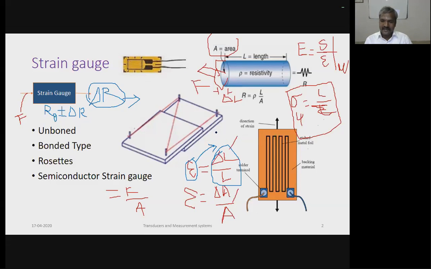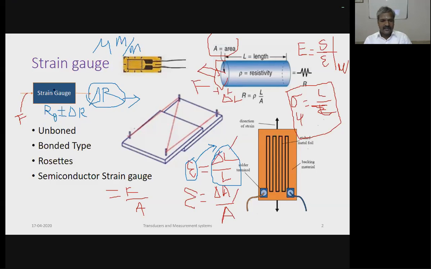The unit representation for strain is microstrain or micrometer per meter. If we get the strain value in terms of millimeter by meter, we should convert it into micrometer per meter. That is the standard representation for strain value.